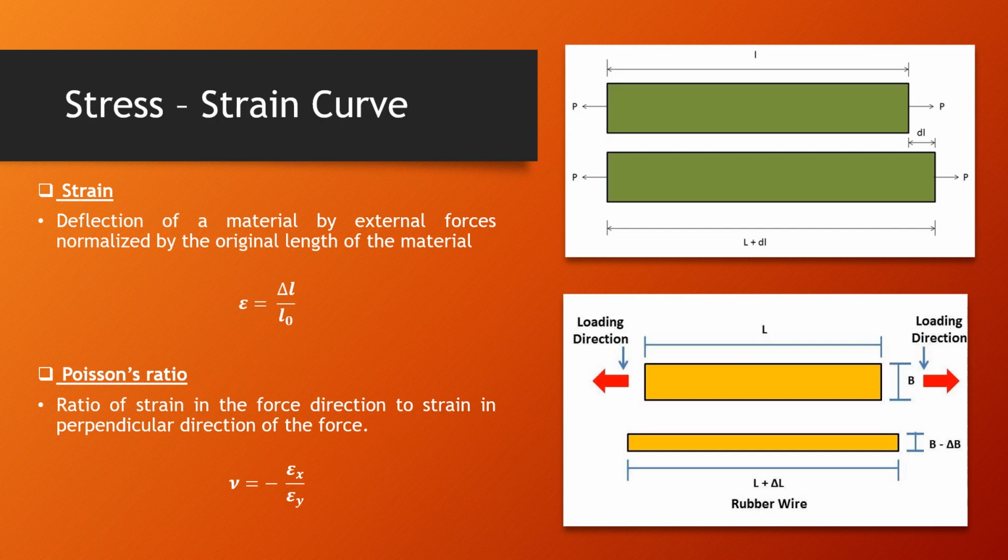To define this, we use a term called Poisson's ratio. Poisson's ratio is basically the ratio between the strain in the axial direction and the strain in the lateral direction. Since you'd always have elongation on one side and reduction on the other side, there is always going to be a negative outcome.